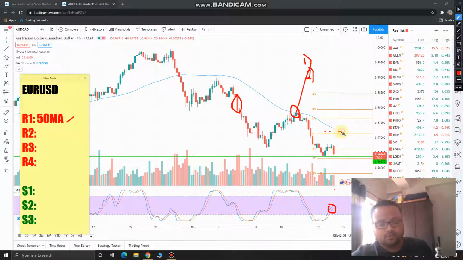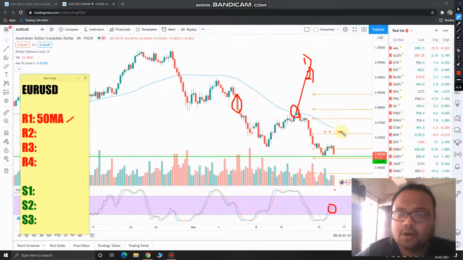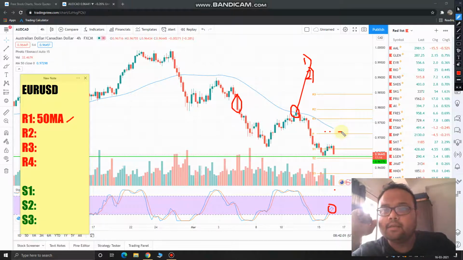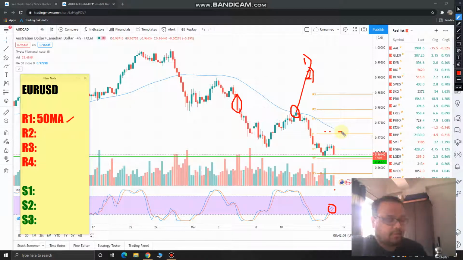So these are the two strategies that you can follow for Australian dollar, Canadian dollar. The first is, wait for the price to go to the 50 moving average, let it hit the 50 moving average. If it bounces off from there with price rejection, sell it. Second strategy is, wait for the stochastic RSI to go to the overbought zone.